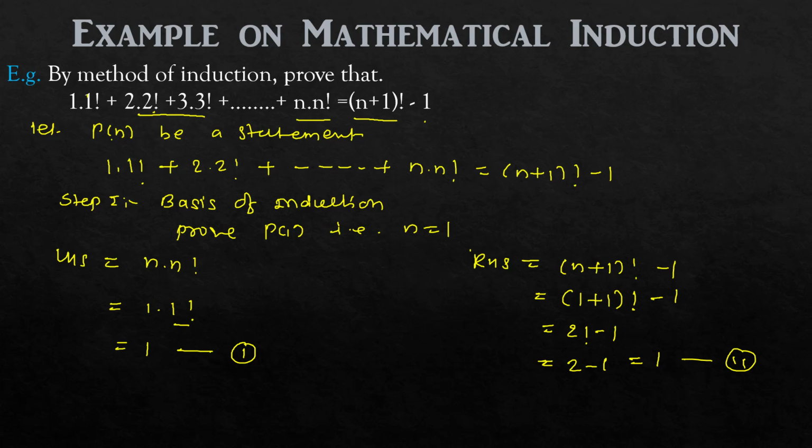Therefore from equations 1 and 2, LHS is equal to RHS. Therefore we say that P of 1 is true for n is equal to 1.